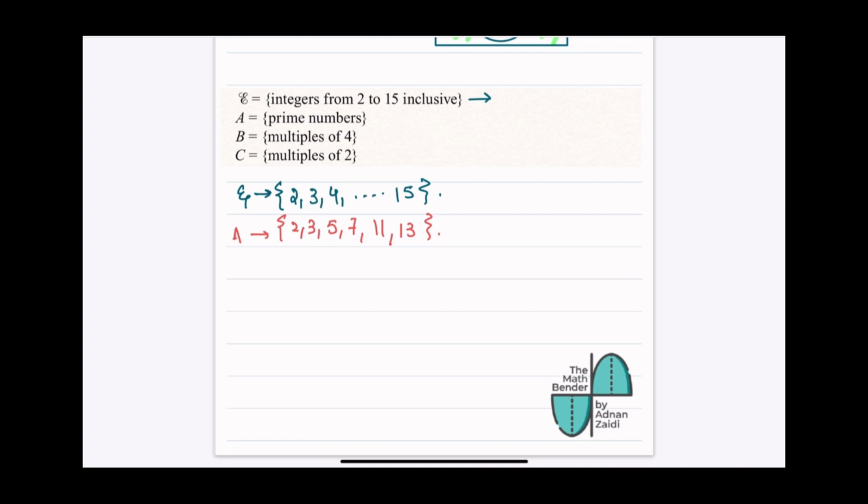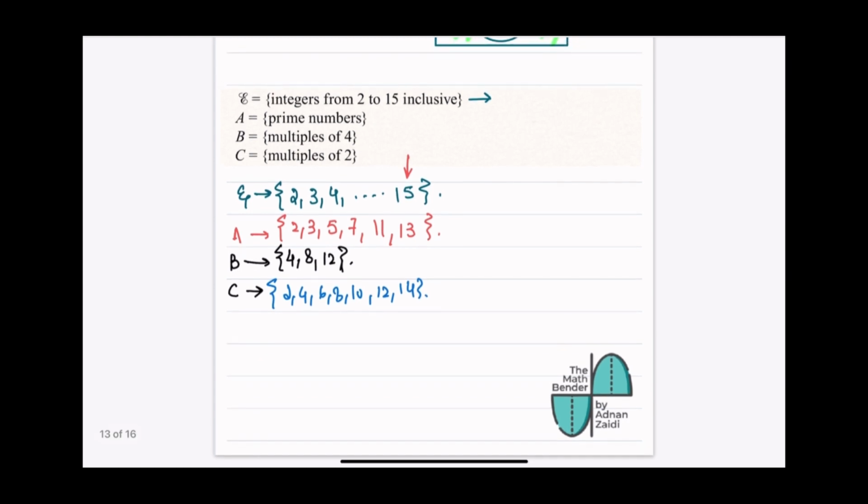Although there are more prime numbers than that, our range cannot exceed the universal set. B is multiples of 4, so 4, 8, 12, and that's it. C is going to be multiples of 2, so 2, 4, 6, 8, 10, 12, 14.